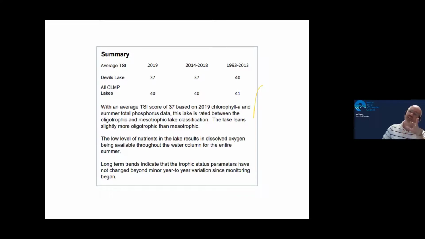It's marginal. That may be year-to-year variation. For some lakes, it's more dramatic, and you might see a lake at 50, which would be eutrophic, go down to 40 over the course of 20 years, where it's definitely in that mesotrophic category. So that's just an interesting way to think about how your lake is changing over time.